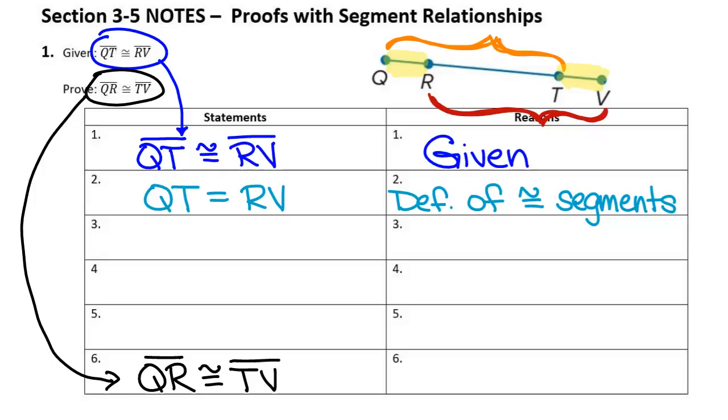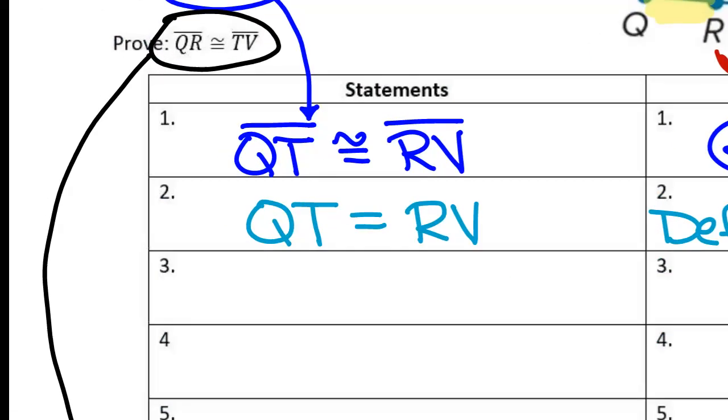QT, this segment right here, is made up of two smaller segments put together. What are the two smaller segments that have been put together to make QT? QR and RT. So QR plus RT equals QT.